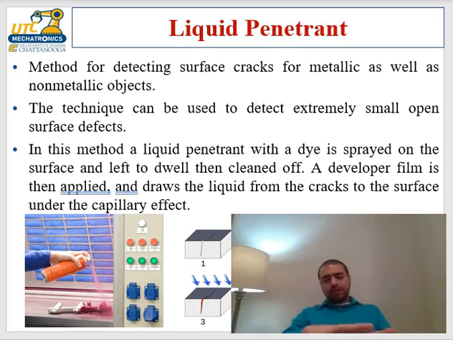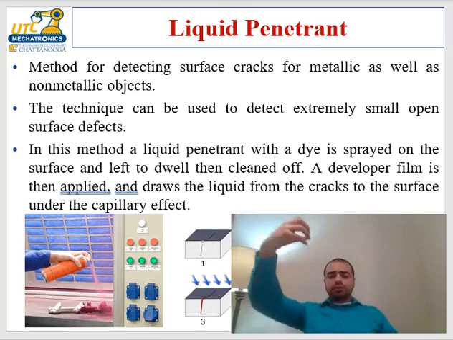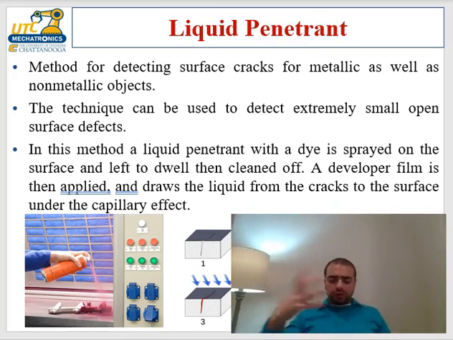You apply it, leave it for a few minutes, and the film will allow the liquid to come out. It will drag it out from inside the cracks, and then you will see clear spots where there are cracks.